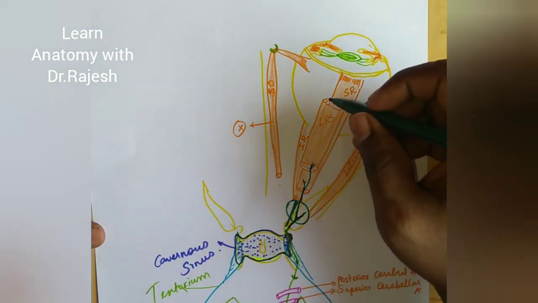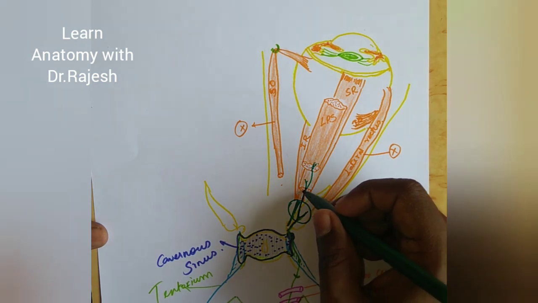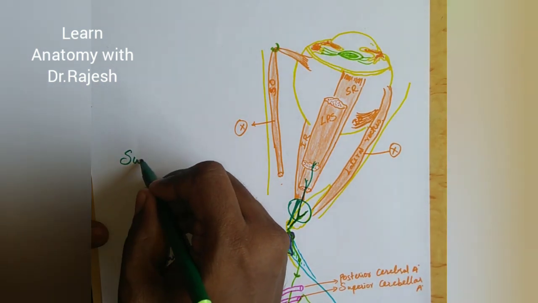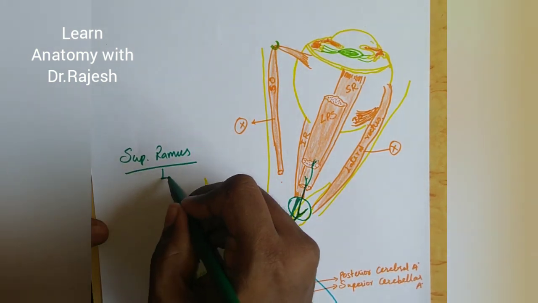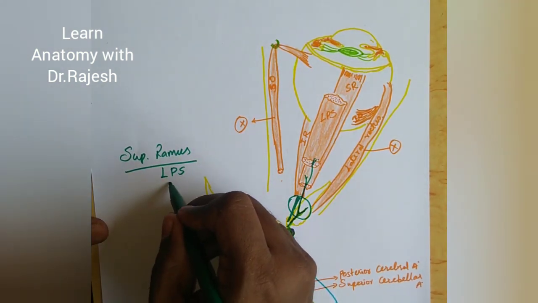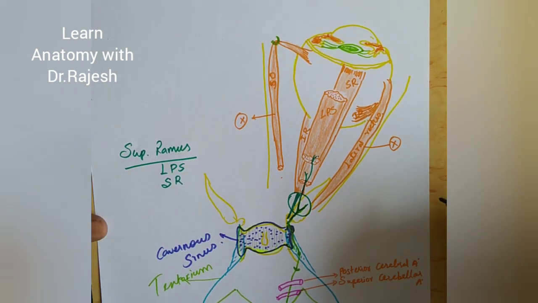So the superior ramus is supplying levator palpebrae superioris and the superior rectus. That is about the superior ramus.